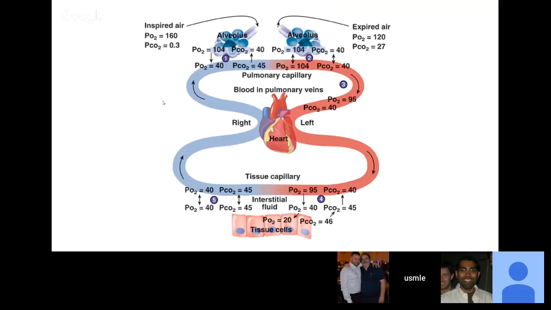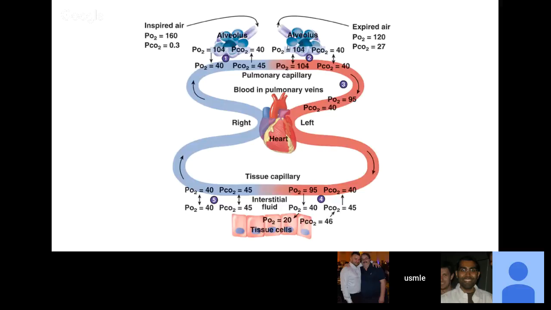And here it is about the pressure. Like I said, it's going to be important for the pH and for the exchange of gas. So sometimes they will ask you values for this one. Remember that within the alveoli, expired air, you're going to have something like 120 millimeters of mercury of oxygen pressure at expiration, and PCO2 is going to be 27.